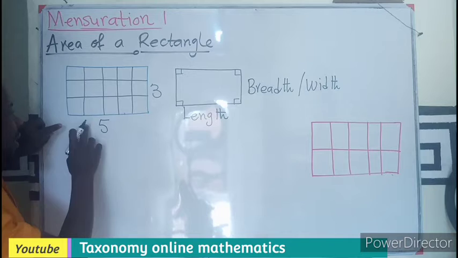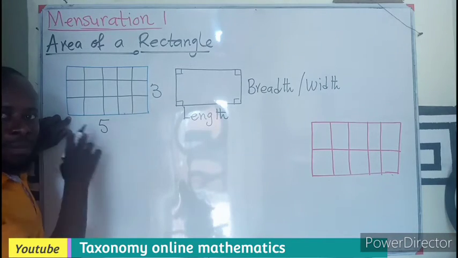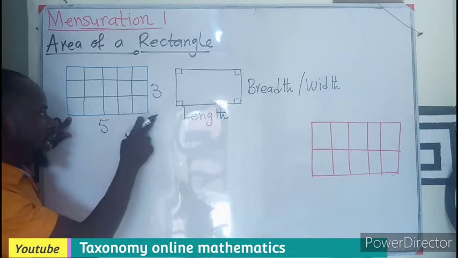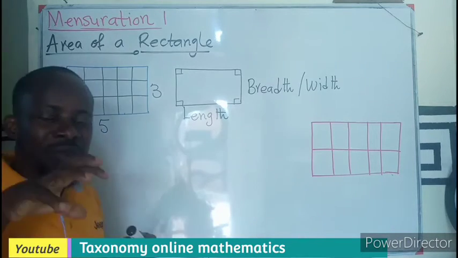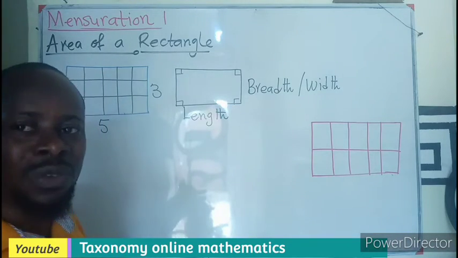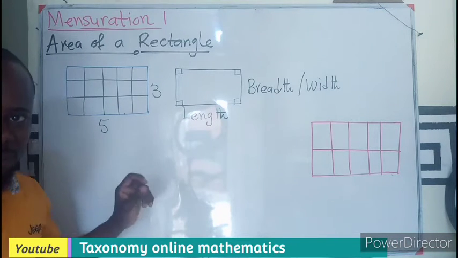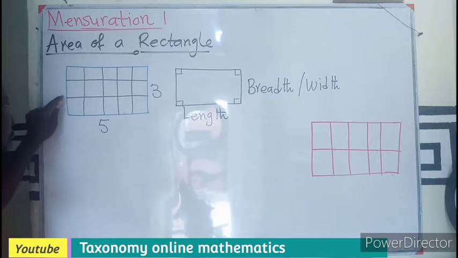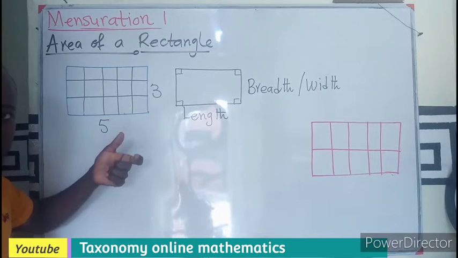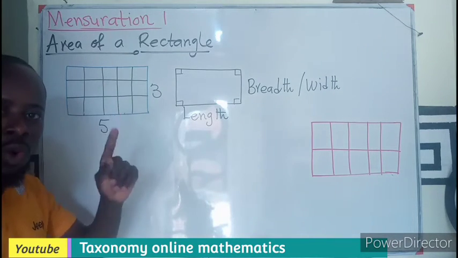Since each of the measurements is the same, that is 5, 5, 3, 3, we can easily find the area as the square unit. This is a square unit because here is 1, 1, 1, 1. So it's a square, meaning all the sides are equal to 1 unit.